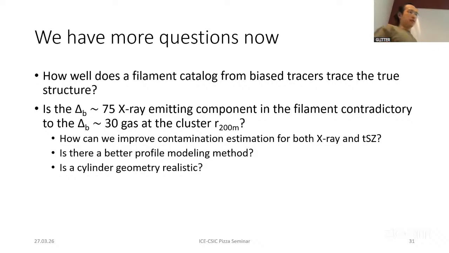Then the second thing is that what we get, about 75 baryon overdensity by stacking the filaments, is higher than what we got previously from halo outskirts stacking, a factor of 2 higher, although they are at the same order of magnitude.